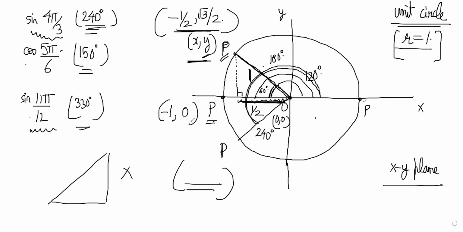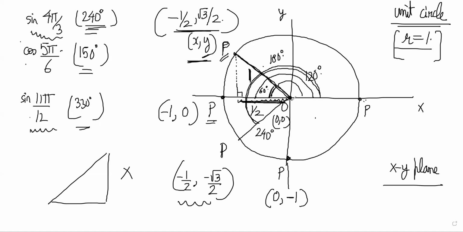The y coordinate will be minus root 3 upon 2, and the x coordinate will be, sine 30 is half, minus half. Great. Similarly, suppose the point came here. What is the x and y coordinate? 0 comma minus 1.